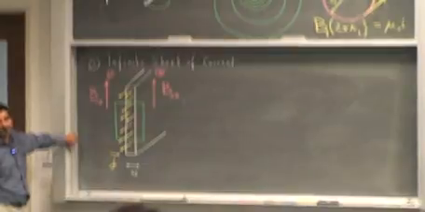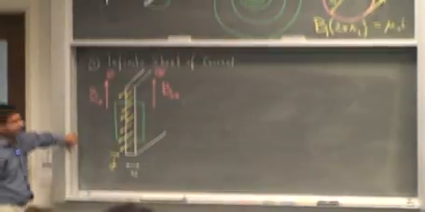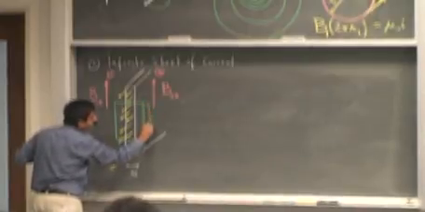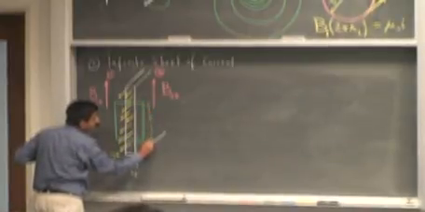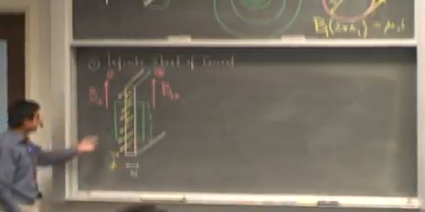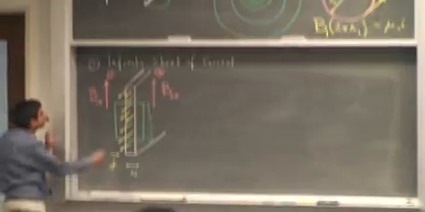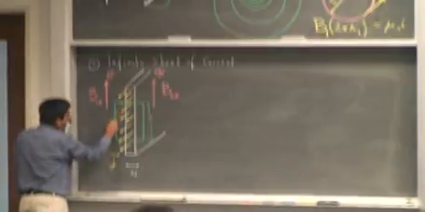Suppose the length of this Amperian path is L, and it has some width as well, which is greater than W. Suppose we traverse this path in a counterclockwise fashion.